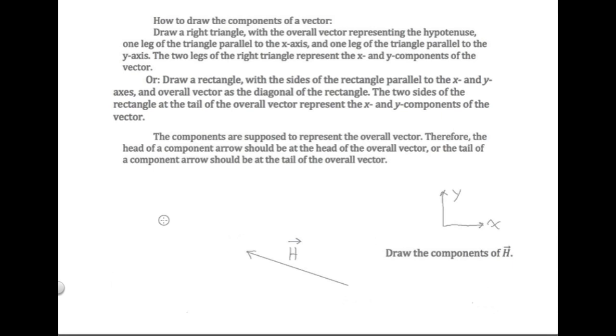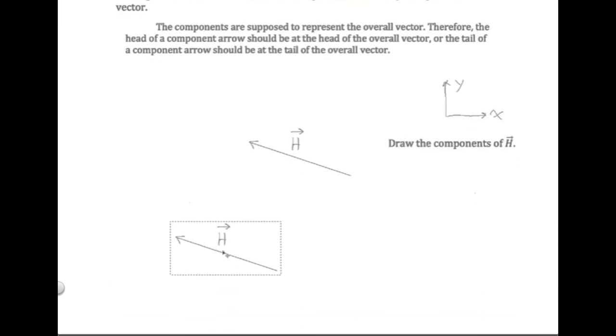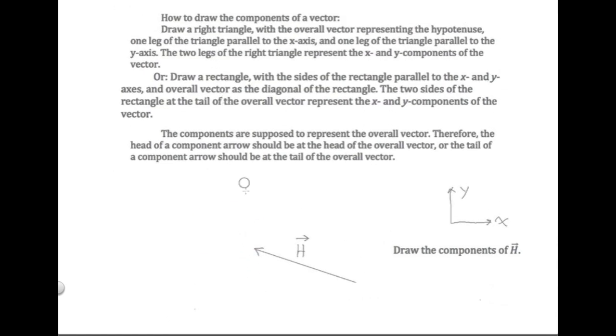Okay, now let's go through that together. So the first thing that we're going to want to do here is to copy our vector. So I'll take this vector and I'll copy it, and then we can use that copy to use one of our methods. So there's two methods, the right triangle method and the rectangle method.